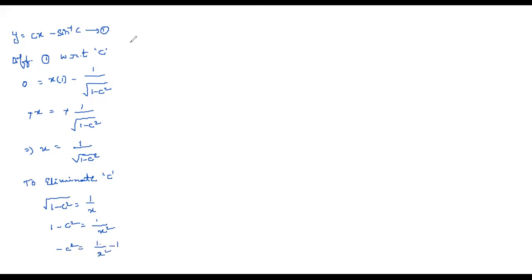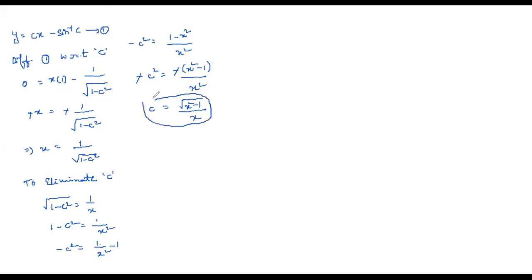Taking the LCM, x square, we get 1 minus x square. Taking minus as common, minus c square is equal to minus of x square minus 1 by x square. These cancel, so c is equal to square root of x square minus 1 by x. This is the value of c.